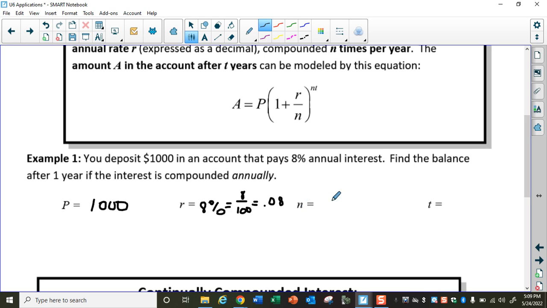And then n is the number of times I'm compounding it. So here I'm compounding it annually, so that would be 1 time a year.